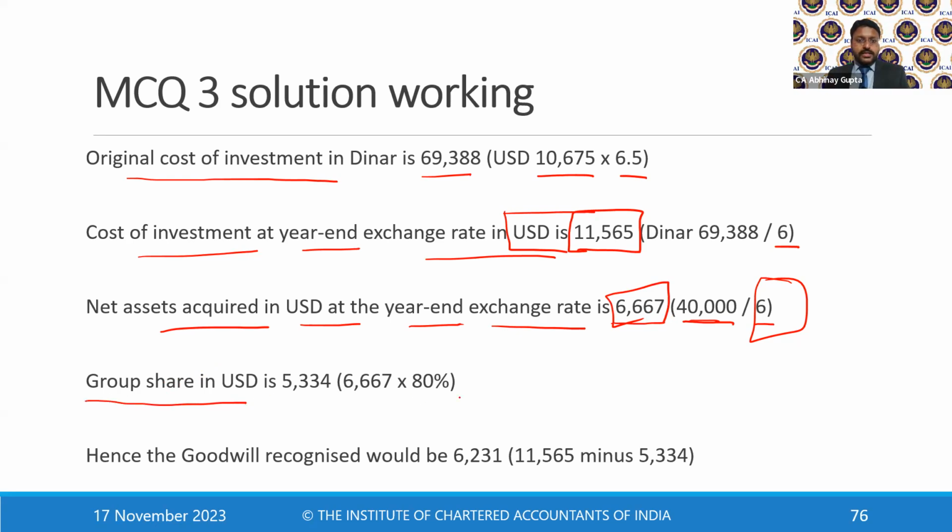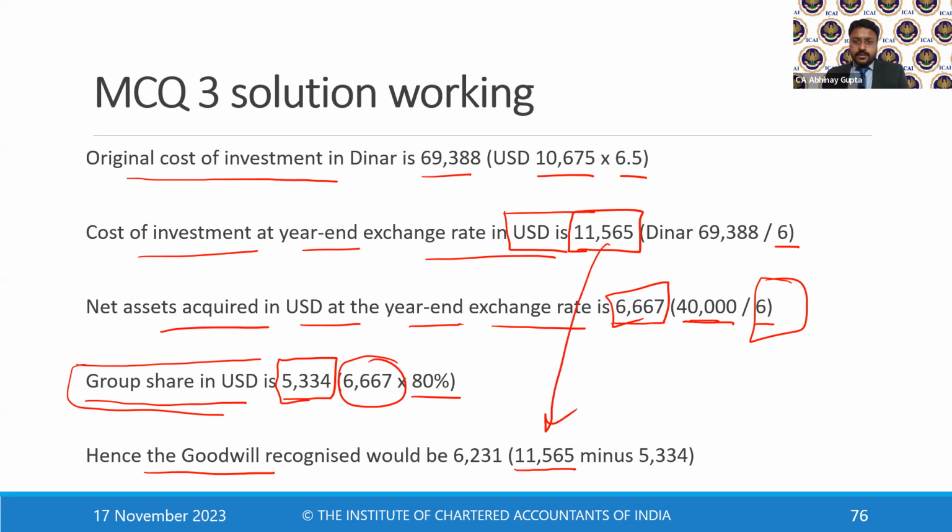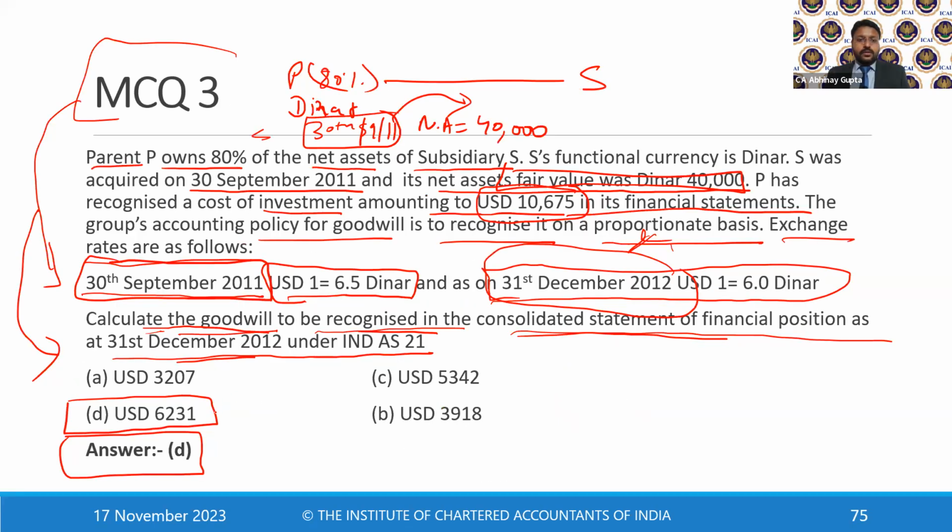Now, group share is how much? 80%. So 667 into 80%, 5334 would be the group's share in the net assets. Hence, goodwill will be 11,565, that is the cost of acquisition, minus share in the net assets 5334. So 6231 will be the goodwill. That's why option D.